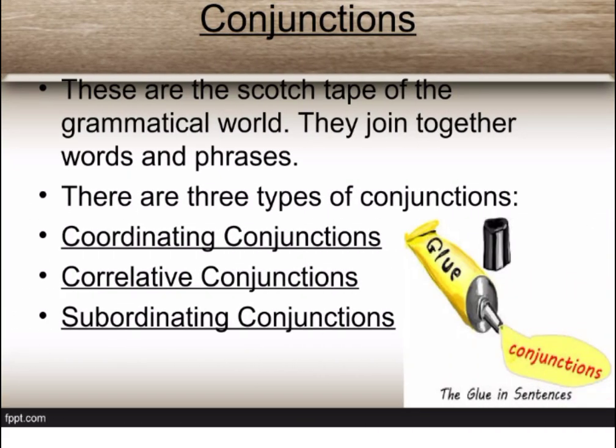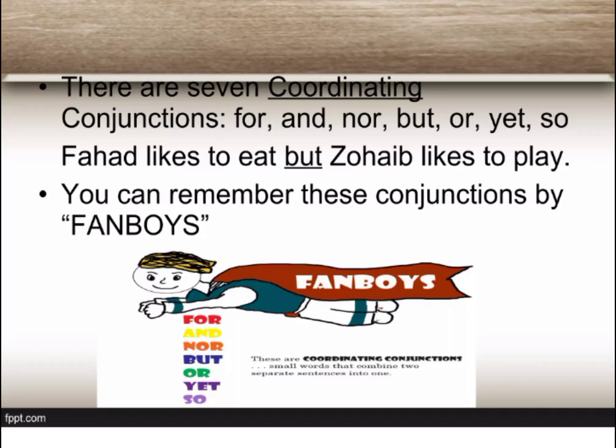Conjunctions. These are the scotch tape of the grammatical world. They join together words and phrases. There are three types of conjunctions: coordinating conjunctions, correlative conjunctions, and subordinating conjunctions. There are seven coordinating conjunctions: for, and, nor, but, or, yet, so.